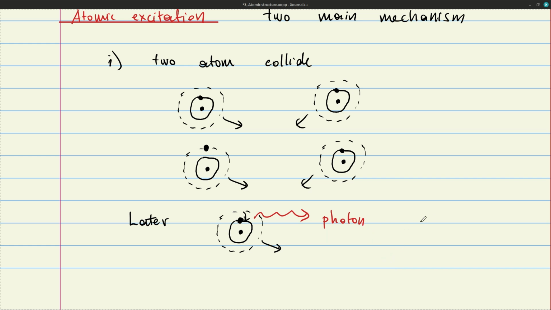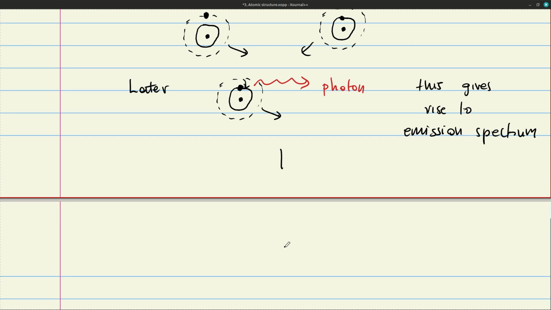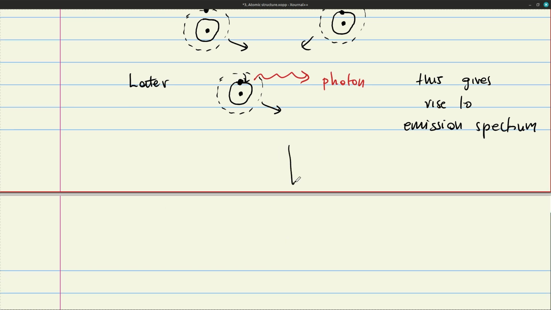And this gives rise to an emission spectrum. Basically you have a gas and you are just looking at what comes out of the gas, and from that you are going to have some spectral form. You have some spectral domain and there are some lines.